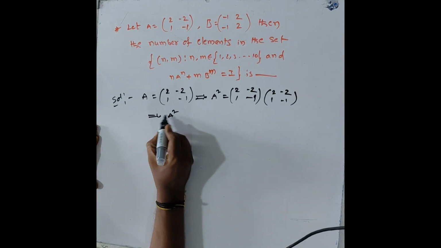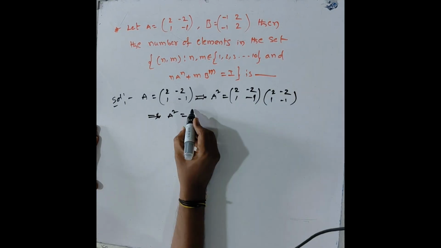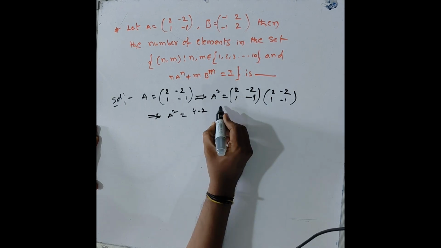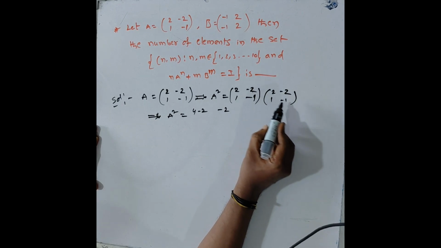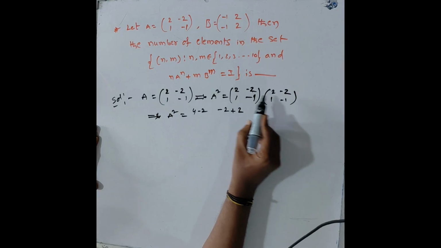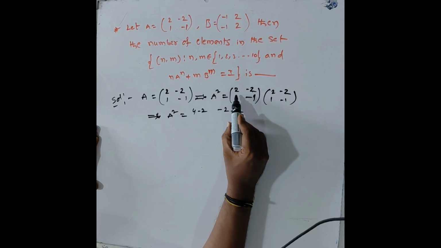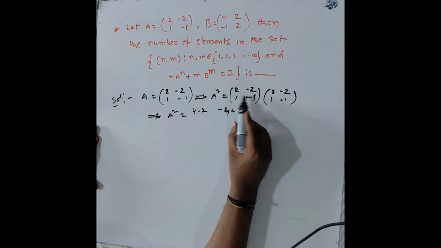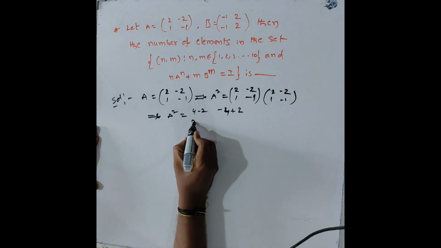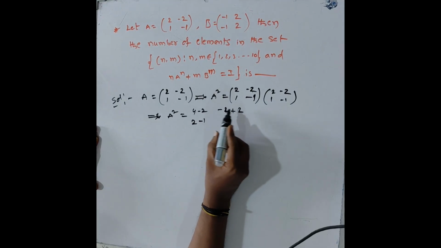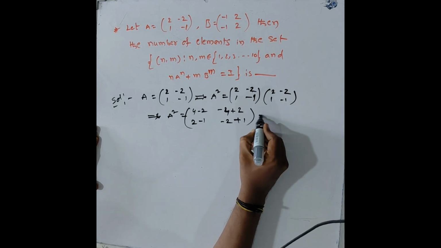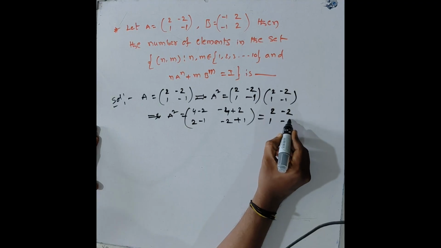That implies A squared is 2 into 2, 4, minus 2 into 1, minus 2; 2 into minus 2, minus 2 into minus 1, plus 2 into 1, 2; 1 into 2, 2, minus 1 into 1, minus 1; 1 into minus 2, minus 2, minus 1 into minus 1, plus 1. This is [2 -2; 1 -1].